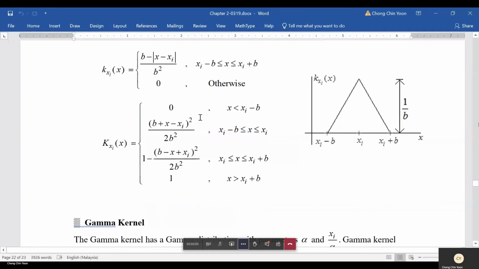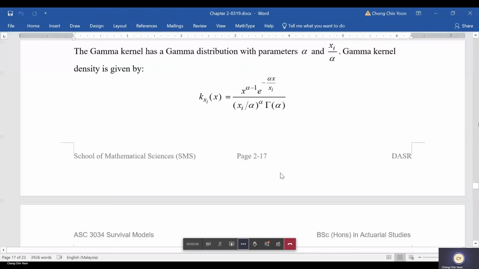Again, I am going to substitute my xi inside here, and the interval as well. Our xi is 1, 2, 3, right? You substitute like we have just done for the uniform. So next you will have this.